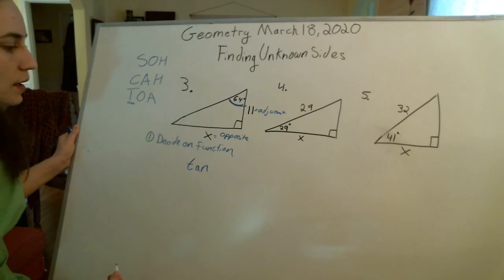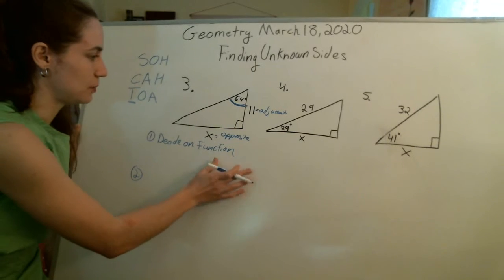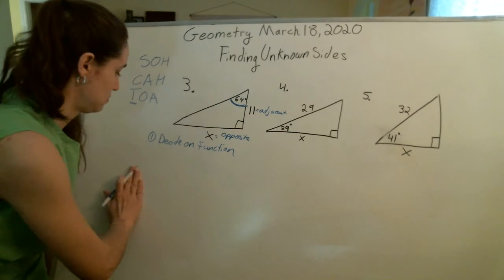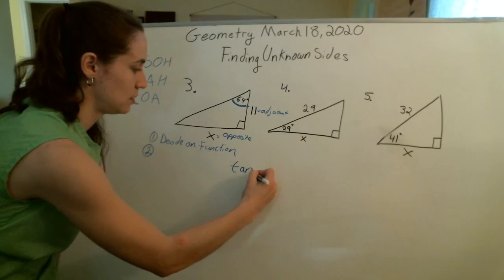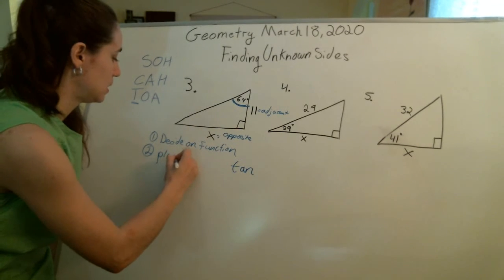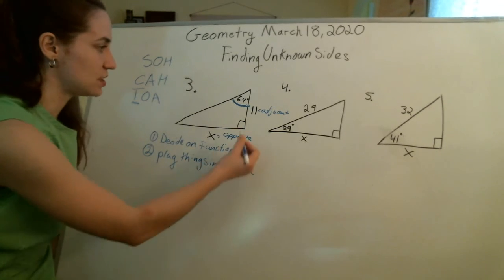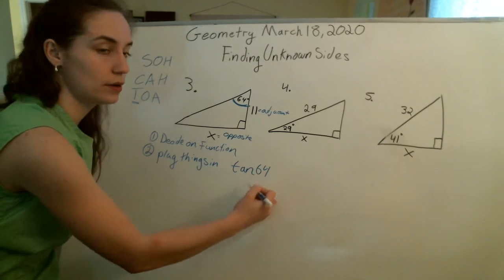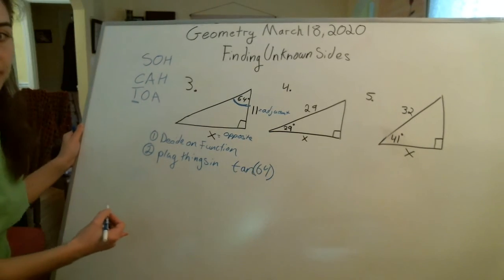Once I have my tangent function, I'm going to plug things in. So I'll have tangent of 64, and we'll put that in parentheses because it's a function of that angle.